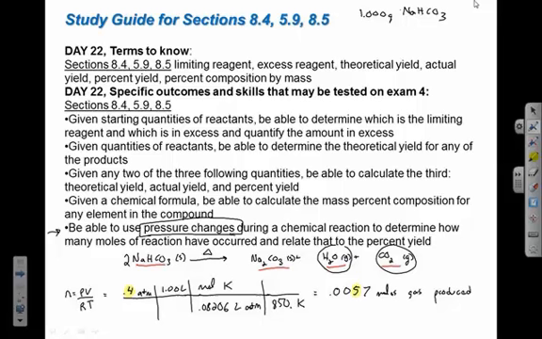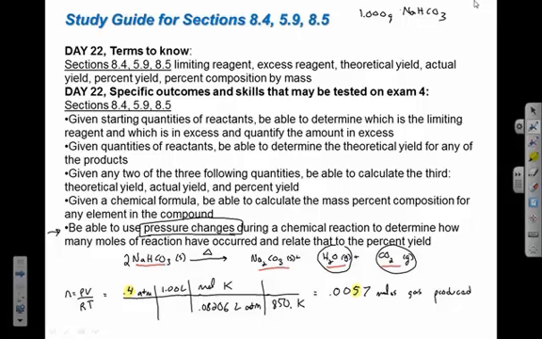Yeah, there are a couple ways I could think about that. Once I have a quantity of a substance consumed or produced in moles, then I can use the coefficients in the balanced reaction to relate moles of a substance with moles of a different substance. Right?